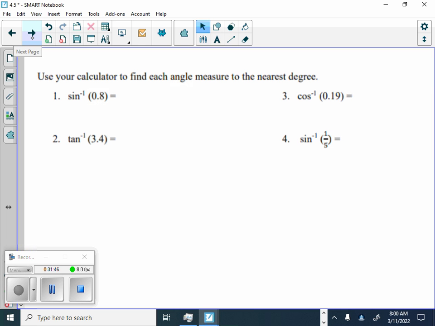Just compare your answers. Make sure you round it properly.